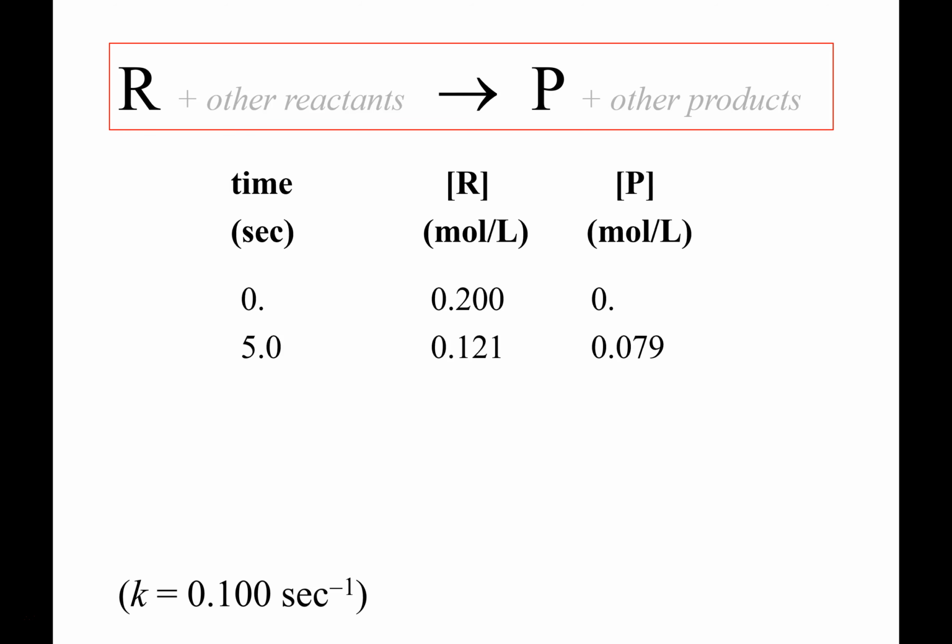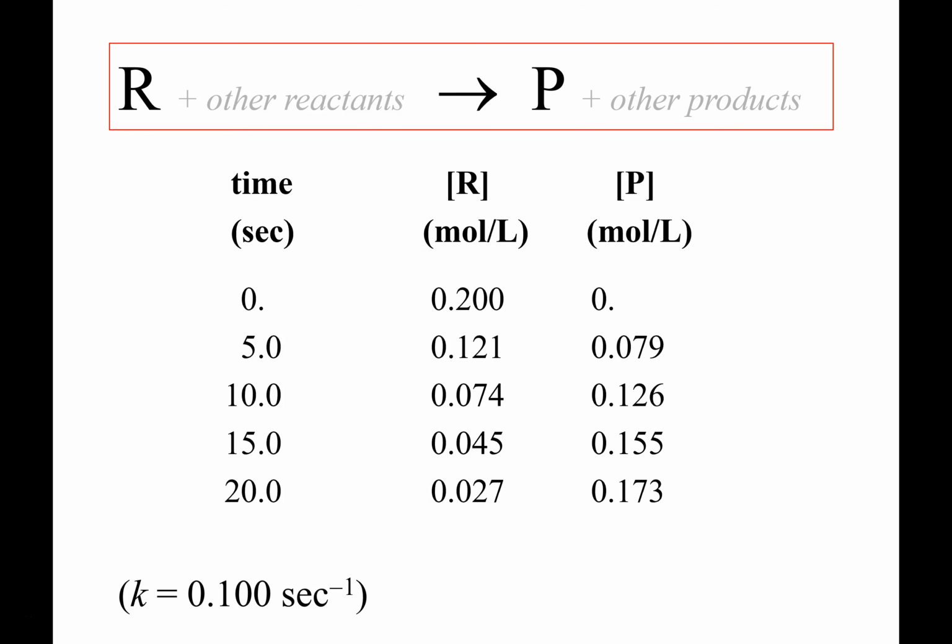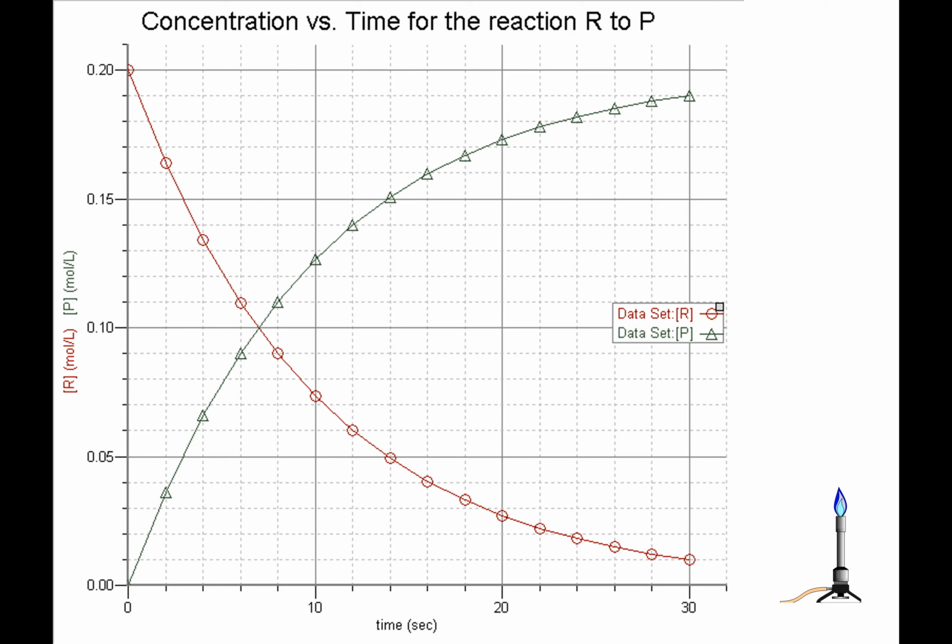You can do the math to see how much is decomposed, and some of your product is formed. 10 seconds in, 15 seconds in, 20 seconds in. These are like snapshots. What are the molar concentrations as your reactant goes down and your product goes up? Makes sense.